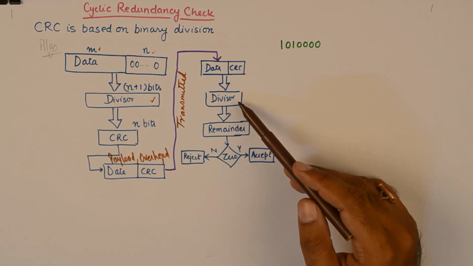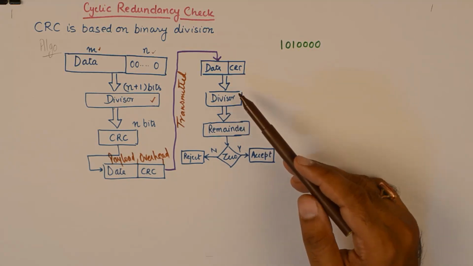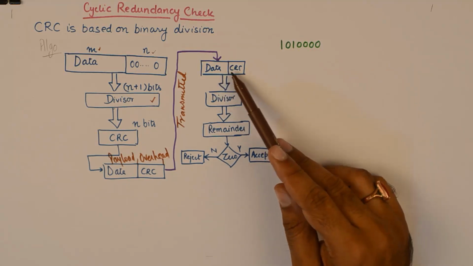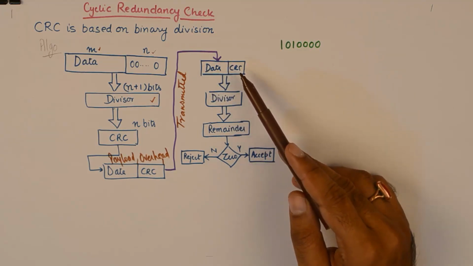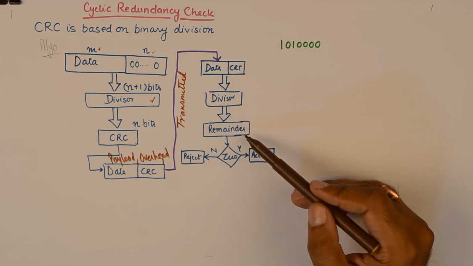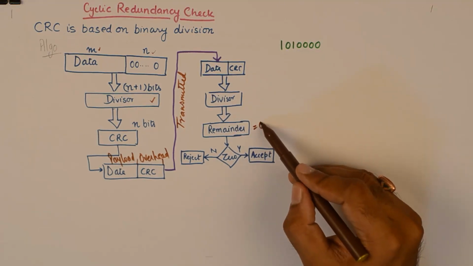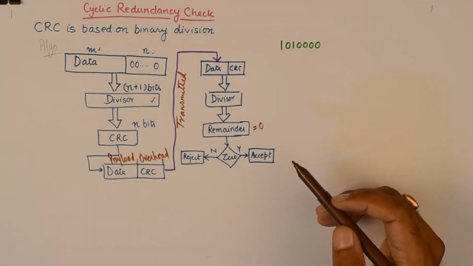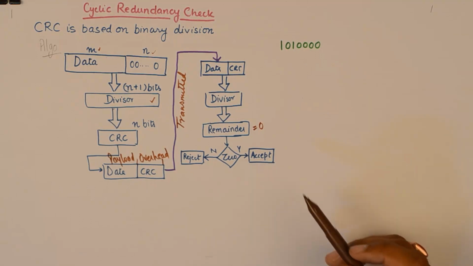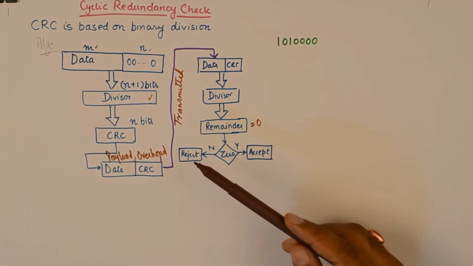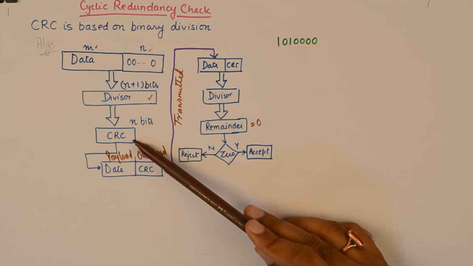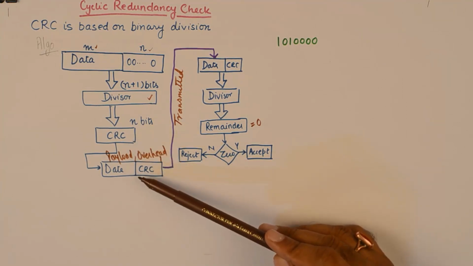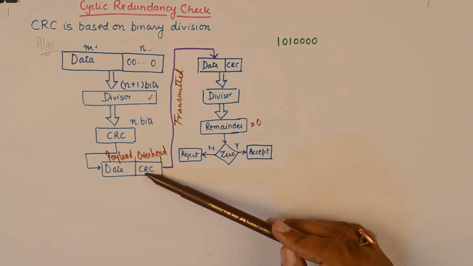So that divisor is again used to divide this entire m plus n bit of data, and that should give us a remainder of 0 if no error is there, because we found the remainder here and we attached the remainder with the data.